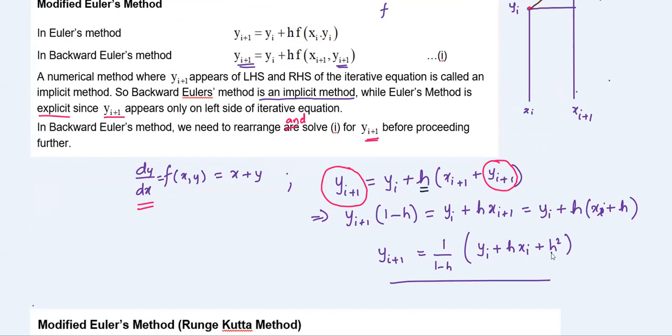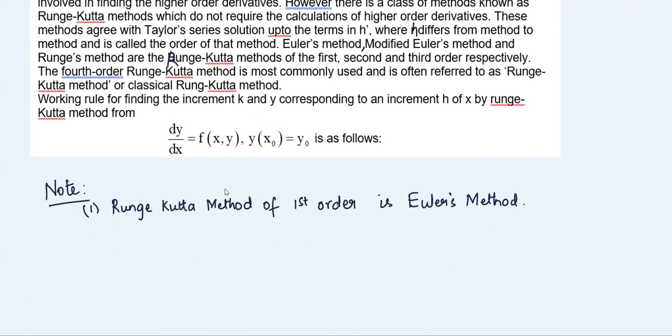But in the second, the backward Euler's method, you get h square. It is the second order iteration. So the Runge-Kutta method of second order is the modified Euler's method.